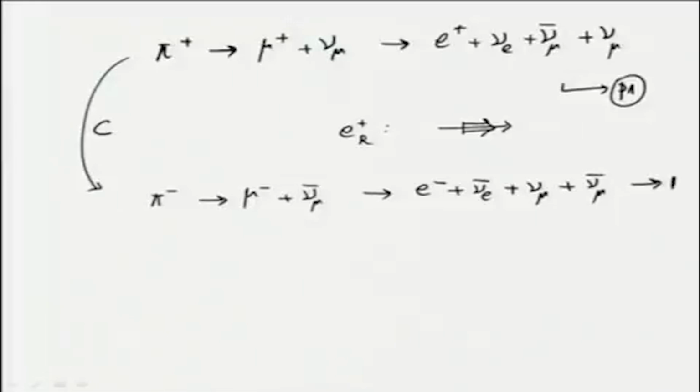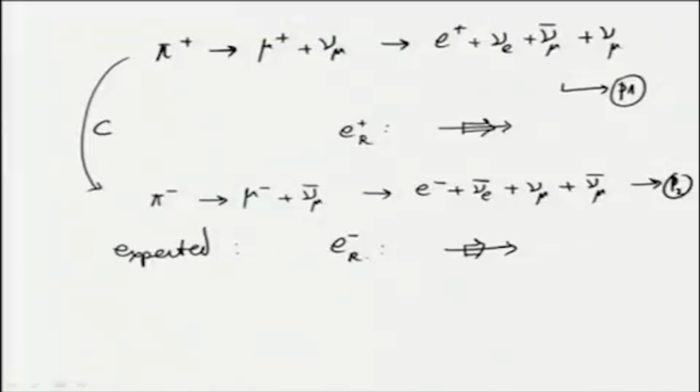Let me call this process 2, P2. Expected is that the electron coming out of this is also a right-handed particle. It is e_R which is coming out.